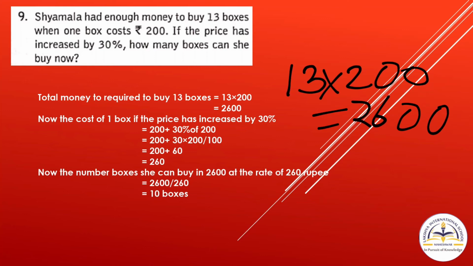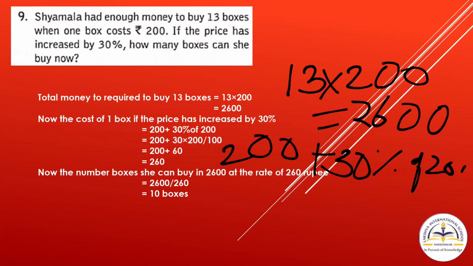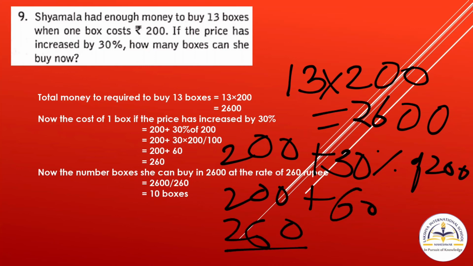Now the cost of one box if the price is increased by 30% is 200 plus 30% of 200, which is 60. So 260 will be the cost of one box after the 30% increase.